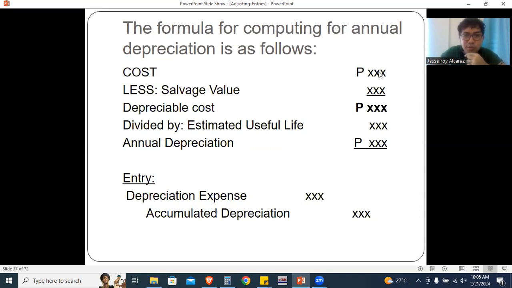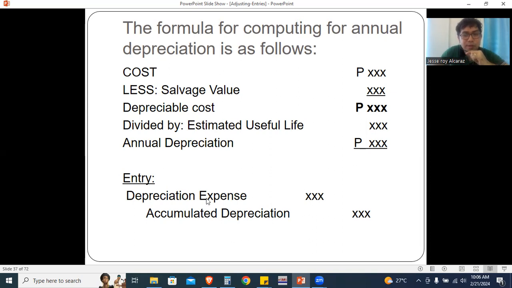So cost less the salvage value we will arrive at our depreciable cost divided by the useful life, then we can derive our annual depreciation. So, unahan nato annual depreciation, the entry to record depreciation expense is debit depreciation expense, credit accumulated depreciation. So, depreciation expense is an expense account.